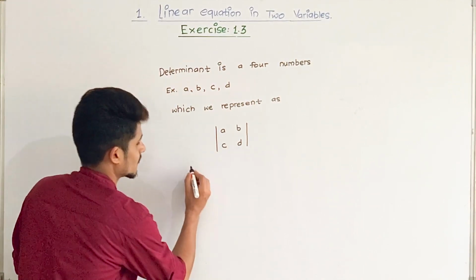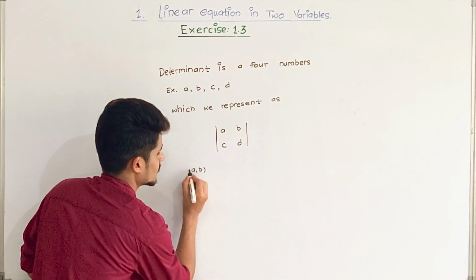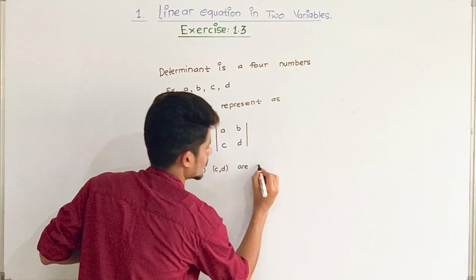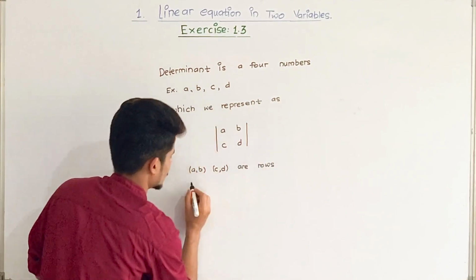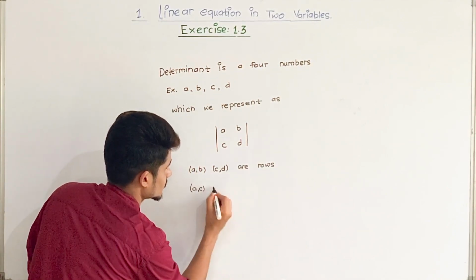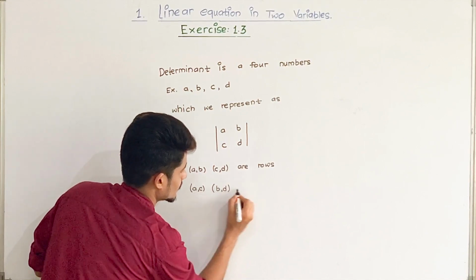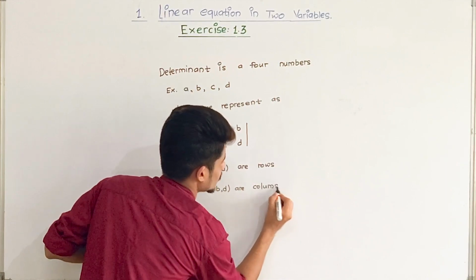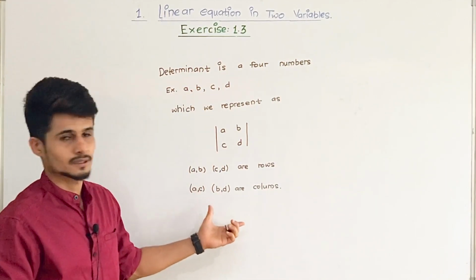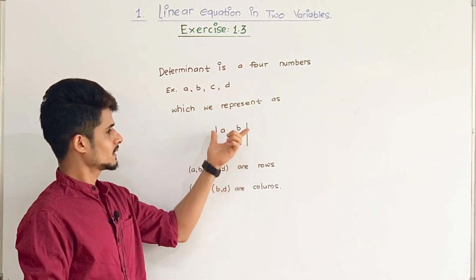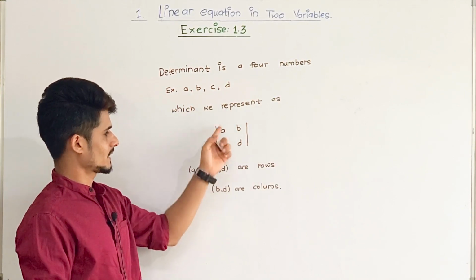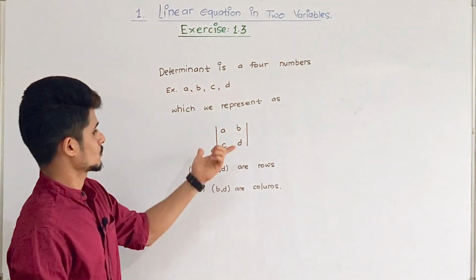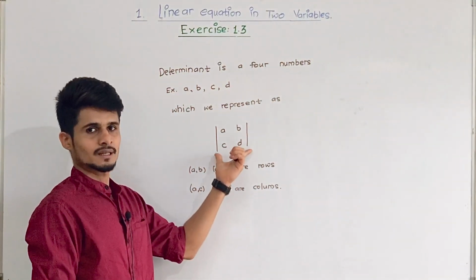In the determinant, A, B and C, D are the rows, and A, C and B, D are the columns of the determinant. So this is how we represent a determinant.